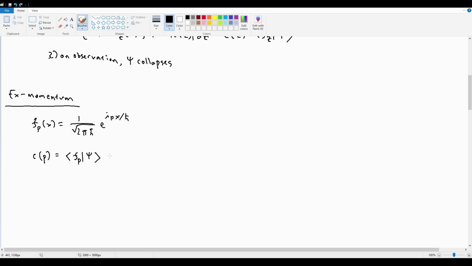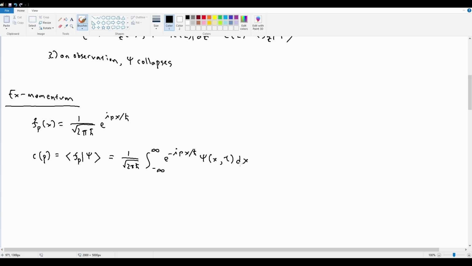So this is therefore going to equal 1 over root 2 pi h bar, which I bring out of the integral from negative infinity to infinity. Remember, this side has to get conjugated, so now it's e to the negative i px over h bar. And then we're multiplying by psi of x comma t. And that's all that this example does, it's showing you how we would apply a situation like this.